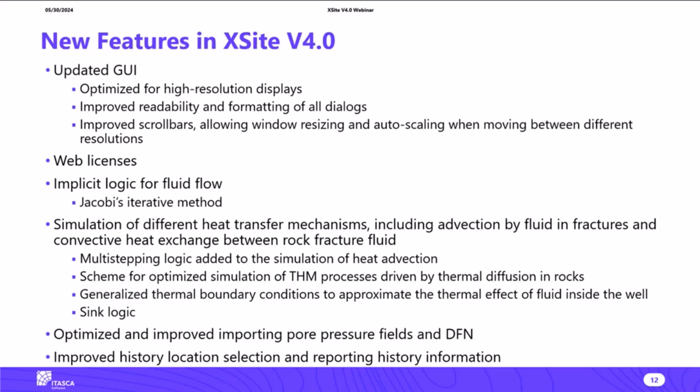And again, the advantage of ExSite for this kind of simulation is that we can do this production phase in a model where we explicitly represent the discrete fractures and created hydraulic fractures, so without resorting to any upscaling.